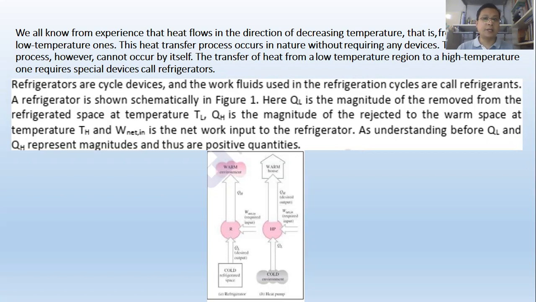So we can do one cycle by the refrigeration system. We have at least four components inside the refrigeration system, and each device has one function to make one cycle of the refrigeration system.